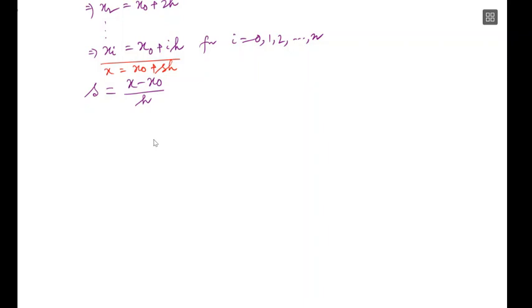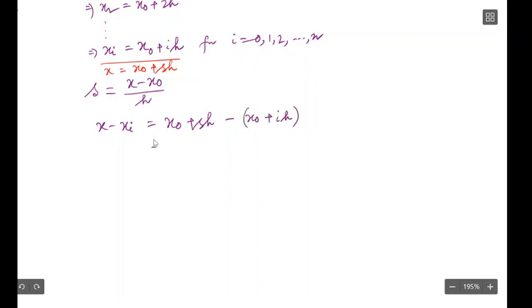So what we will have now? What about x minus xi? x is x0 plus sh and xi is x0 plus ih. So we have x minus xi equals s minus i times h, for i equals to 0, 1 up to n.